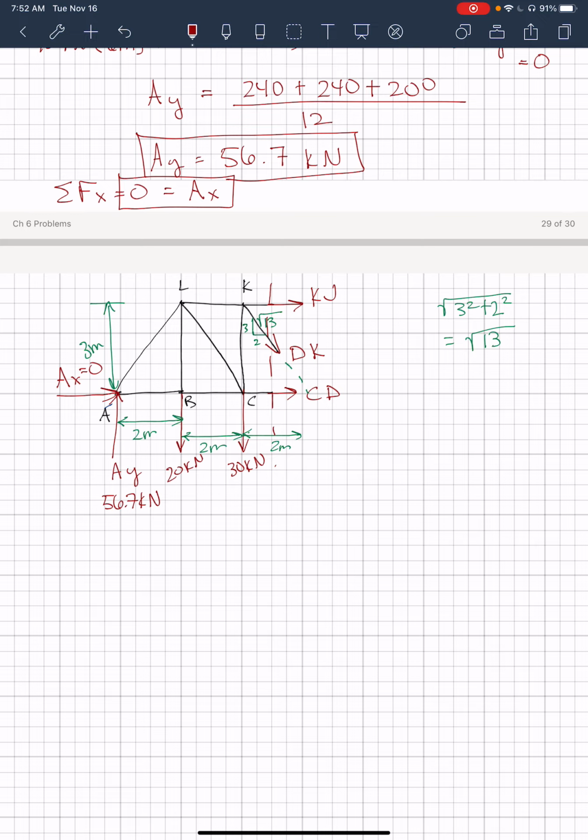Now we can use any of our 3 equations of equilibrium. We can sum the moments about a point or sum the forces in the x or the y direction. I'm going to sum the moments about a point that we have the most unknowns at. So sum of the moments about K equal to 0.